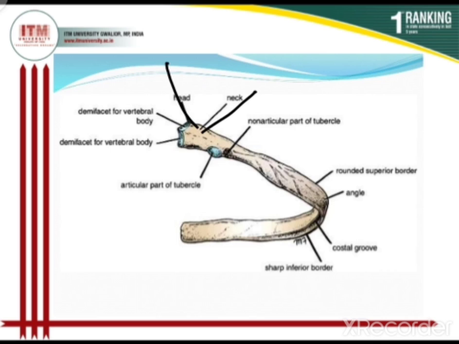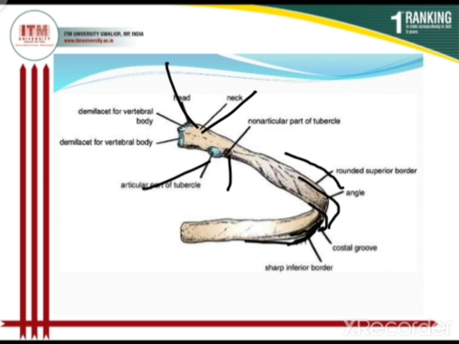There is the articular part of the tubercle, which articulates with the transverse process. Then the non-articular part of the tubercle. Then this is the rounded superior border. This is the angle, from which the rib takes the turn. And below that there is the costal groove. The groove is present inferiorly, and here is the sharp inferior border.